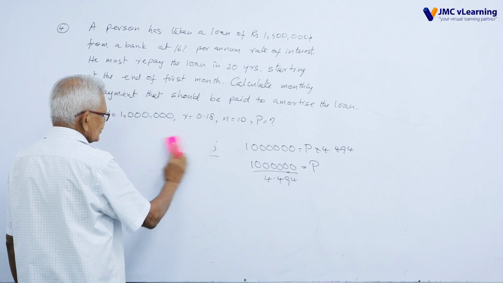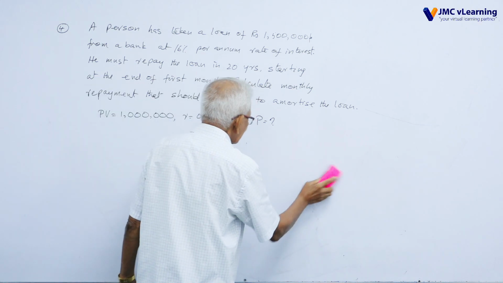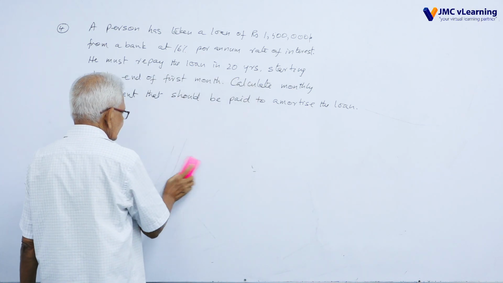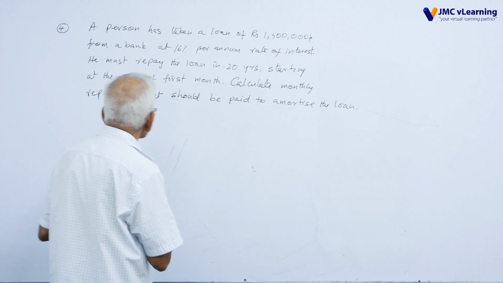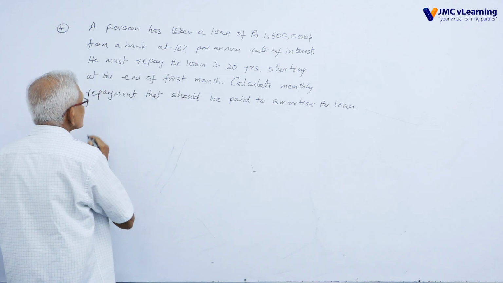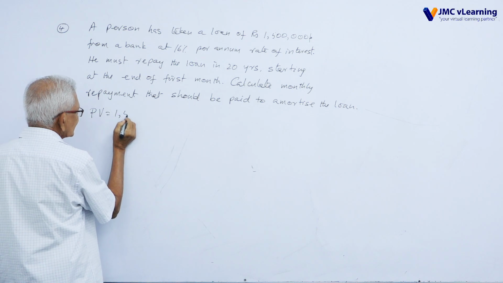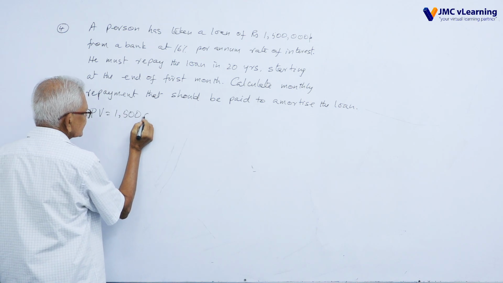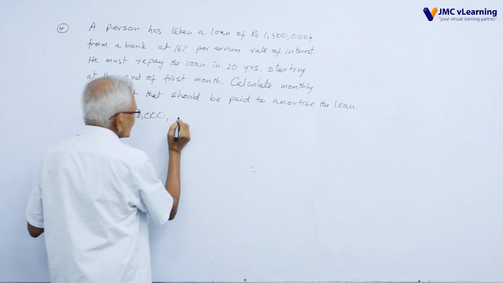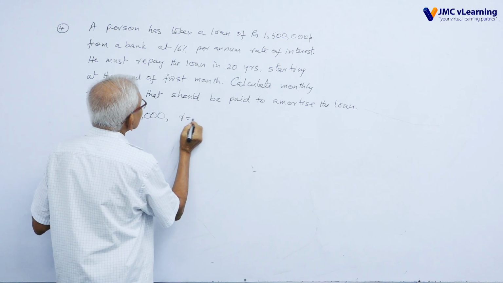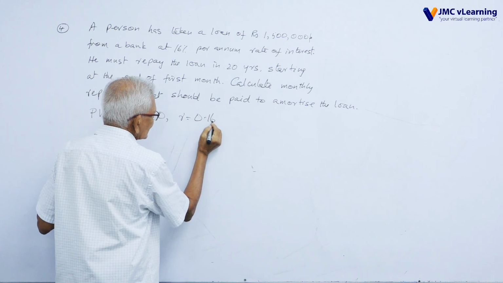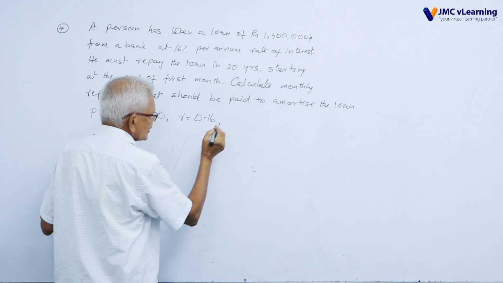One minute, I'll write down that first part, right? We'll use the cumulative discounting factors. You write down PV equal 1,500,000, R equal 0.16. We are going to find out the annual payment, right?